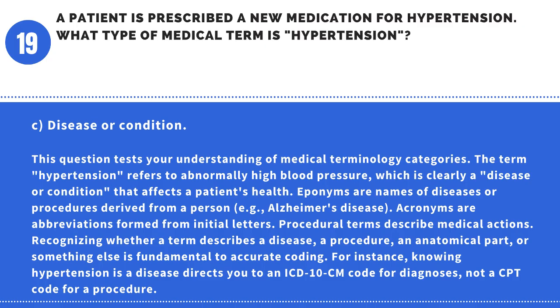Acronyms are abbreviations formed from initial letters. Procedural terms describe medical actions. Recognizing whether a term describes a disease, a procedure, an anatomical part, or something else is fundamental to accurate coding. For instance, knowing hypertension is a disease directs you to an ICD-10 code for diagnoses, not a CPT code for a procedure.